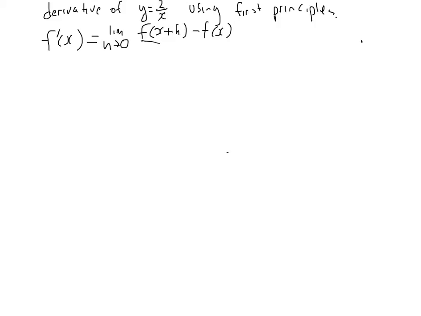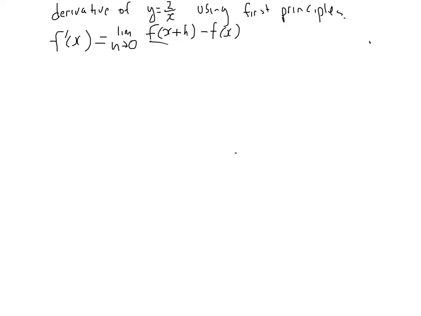Now with the rule that we have, f'(x) equals the limit as h approaches 0. What I'm going to do is we've got 2 over x plus h, take away 2 over x.